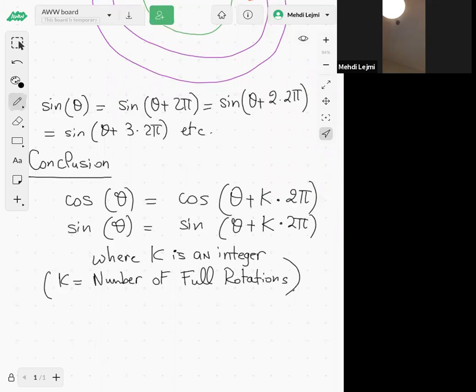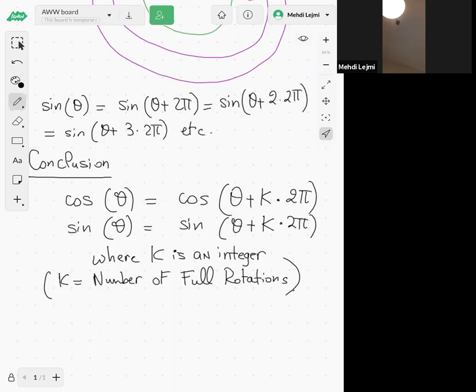Now you know that cosine is even and sine is odd. You know when sine is positive and when it is negative, the same for cosine. And you know that the values of sine and cosine don't change when you add any multiple of a full rotation.